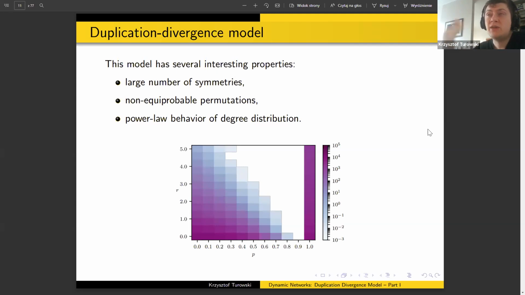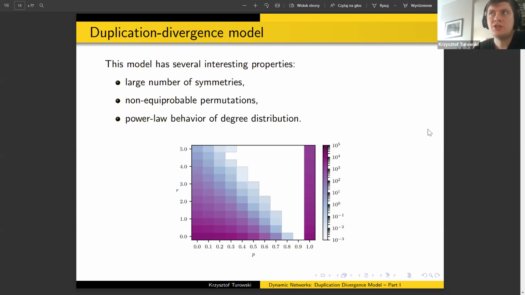The duplication divergence model has very interesting properties. So first, it has a large number of symmetries. Unless the parameters P and R are very large, here, I guess, are graphs generated from this model on 2000 vertices, if I remember correctly. And if we generate such graphs, they have a very large number of symmetries.